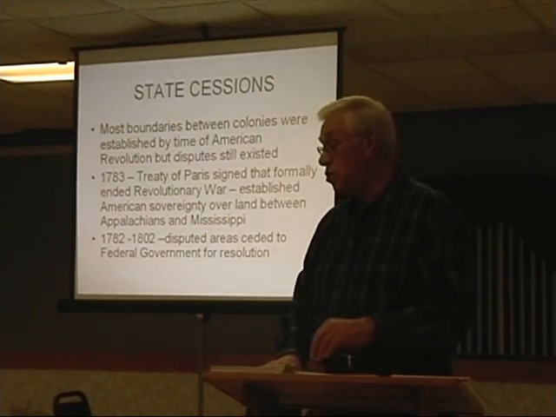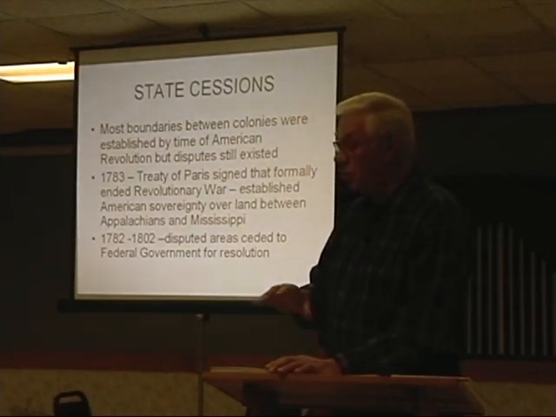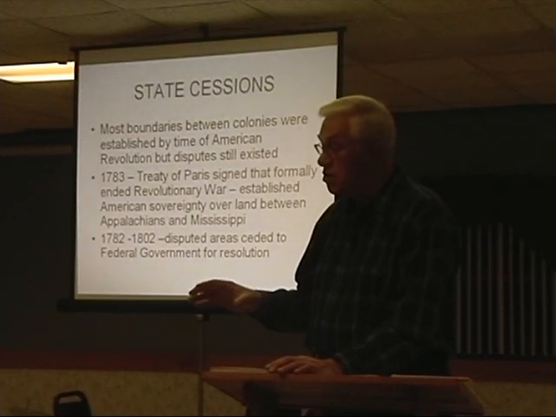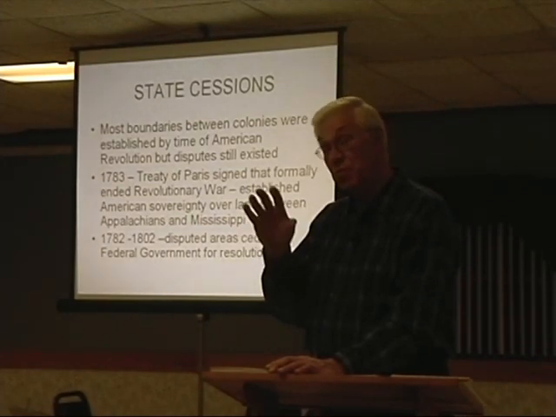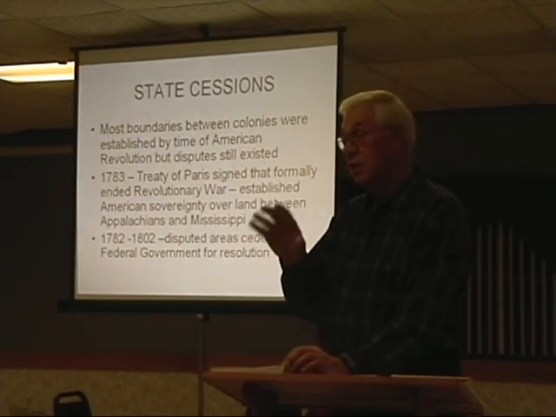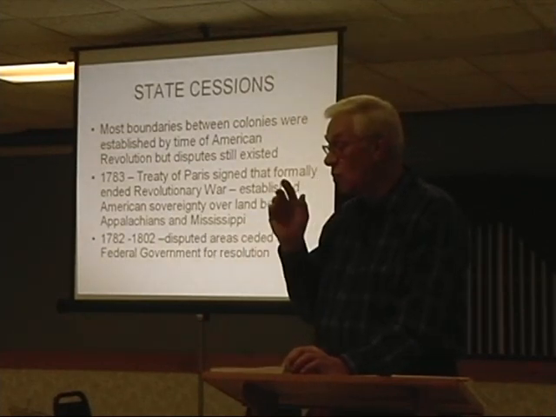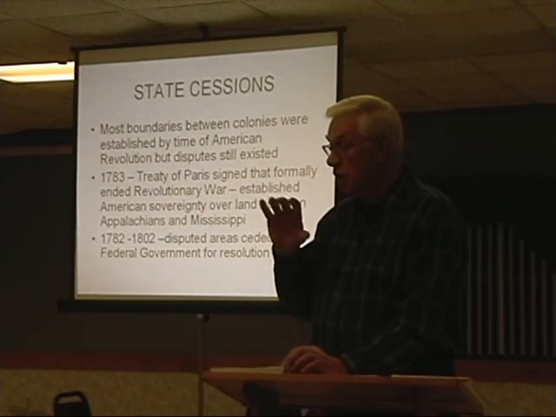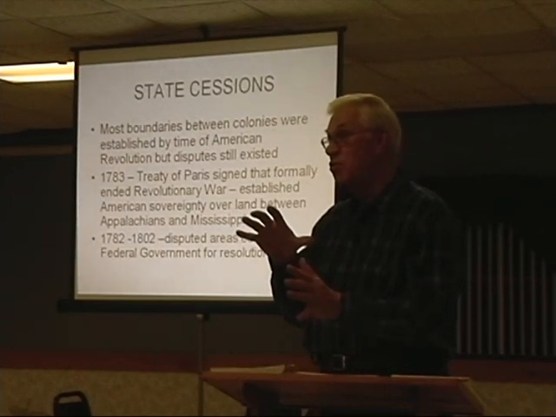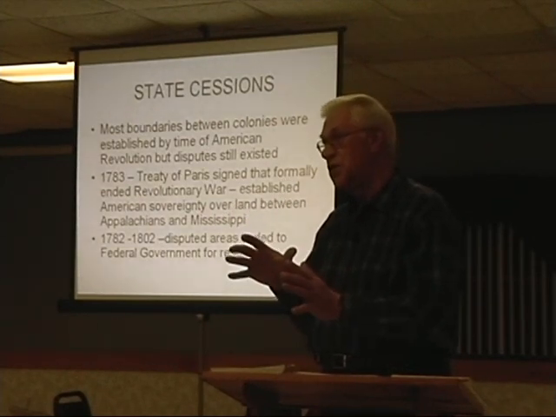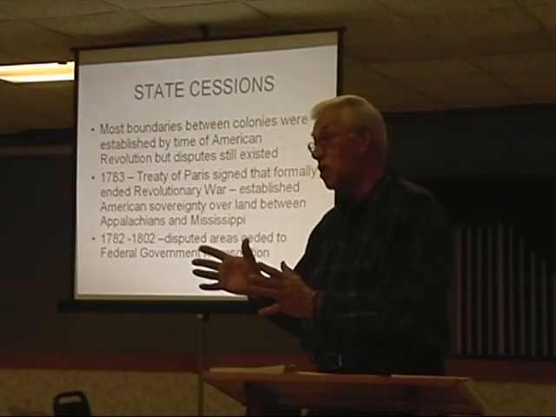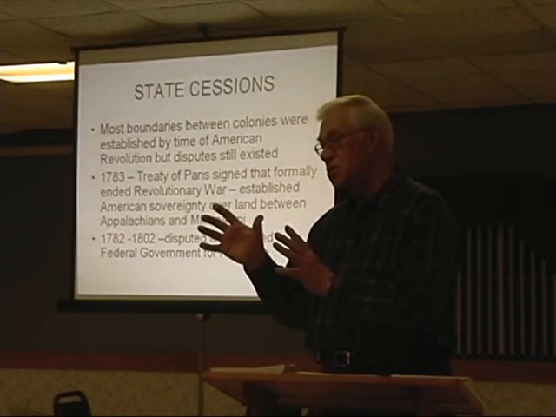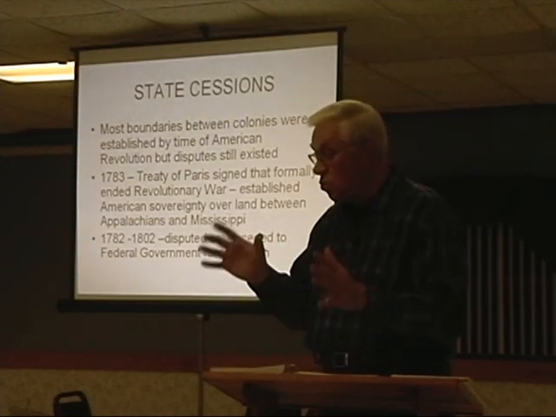From 1782 to 1802, there were a lot of areas that were, at this time, colonies, now they're states, claimed. And in order to resolve who actually owned those areas, a lot of the states ceded their area to the U.S. government, for them to make the decision as to where the land should go, who it should go to.